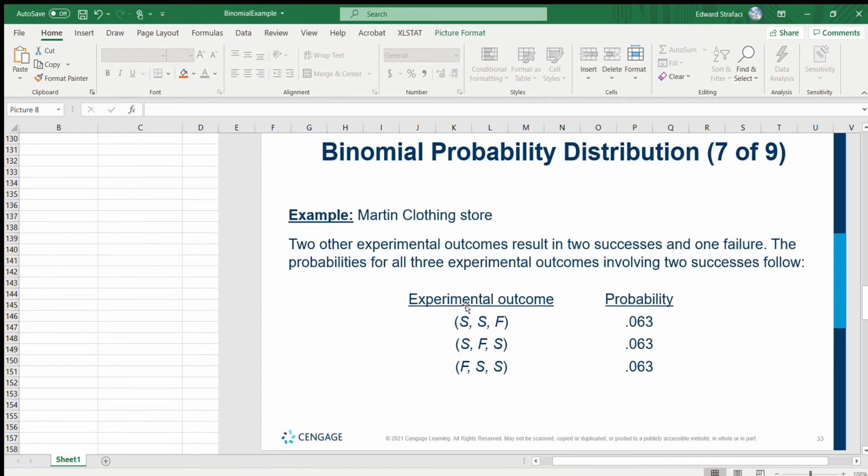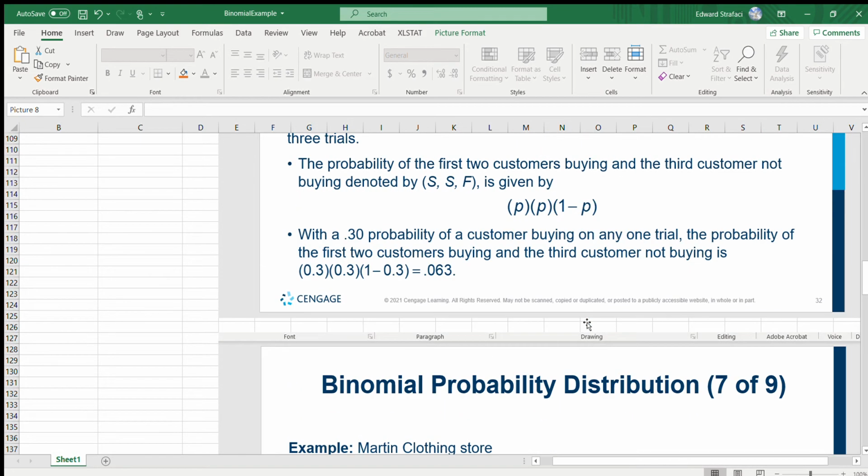So the probability of any of these sequences is going to be the same, and that's how you determine it. Anytime you have a binomial or bivariate, however you want to call it, the probability of having 2 different outcomes, and the probability of one or the other, that's how you would calculate it.